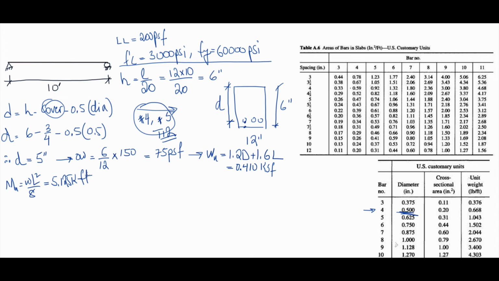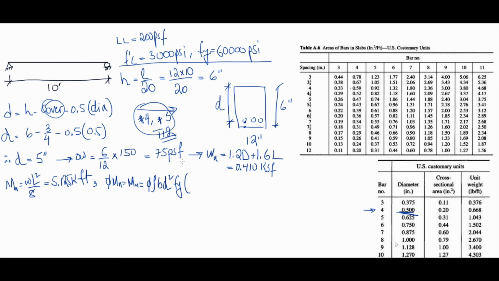Now from the previous slides, and I keep saying about the moment equation, where we say phi Mn is equal to Mu, which is equal to phi, which is 0.9, multiplied by rho, which is unknown, the percentage of steel, multiplied by b, which is 1 foot, you put it as 12 since we're working in inch, multiplied by d squared, multiplied by Fy, which is 60.